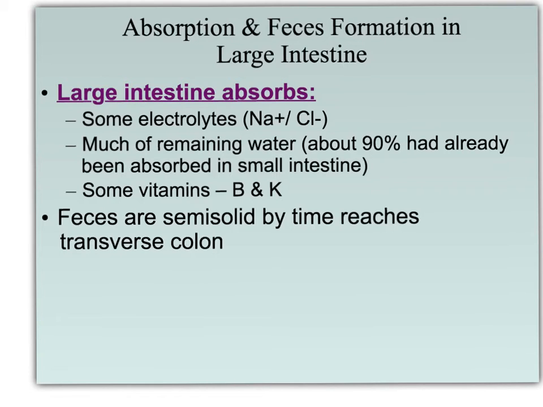And so in the large intestine, you're going to grab any electrolytes that are left. The ones we're most familiar with are sodium and chloride. Most of the water that's left, we're going to absorb, and those vitamins that were just made by the bacteria. And that's pretty much about it. So by the time that the feces reaches the transverse colon, it's starting to become a solid mass.